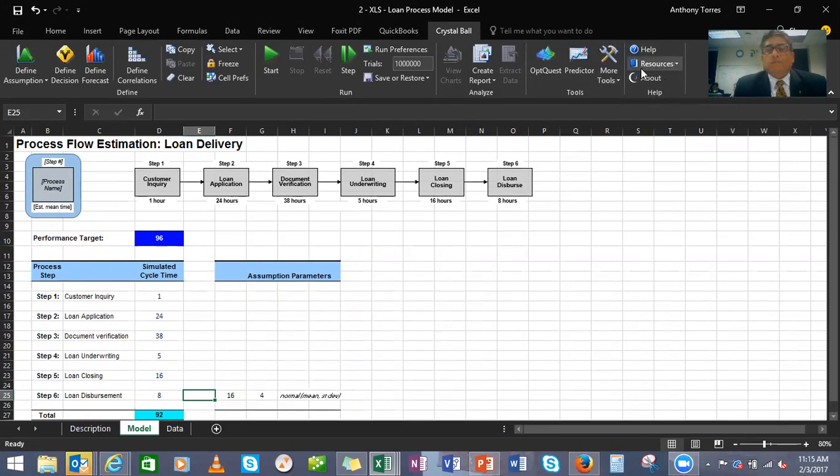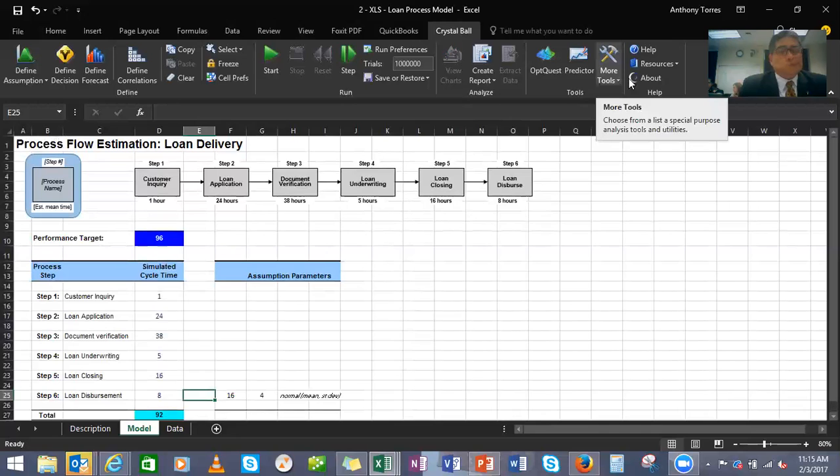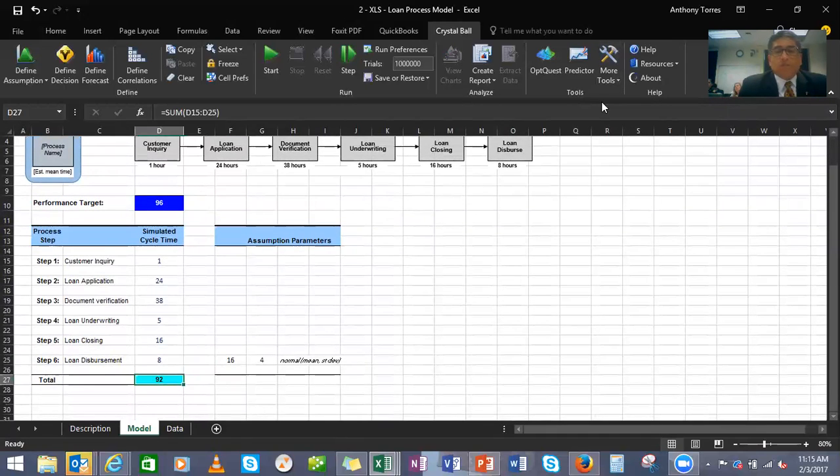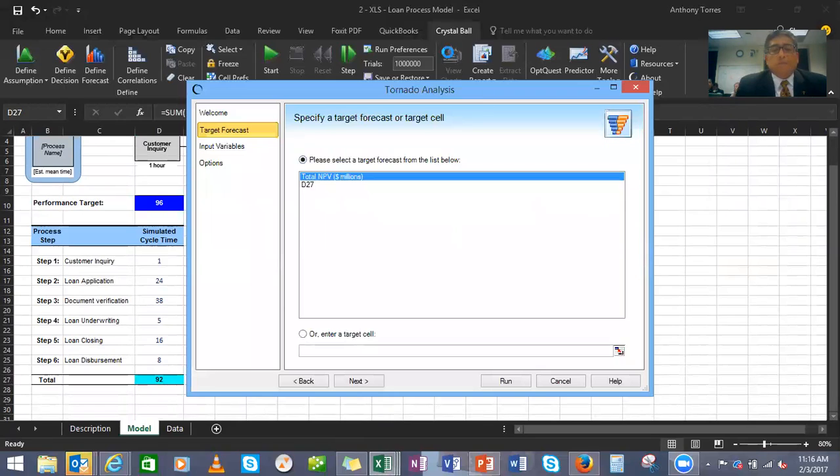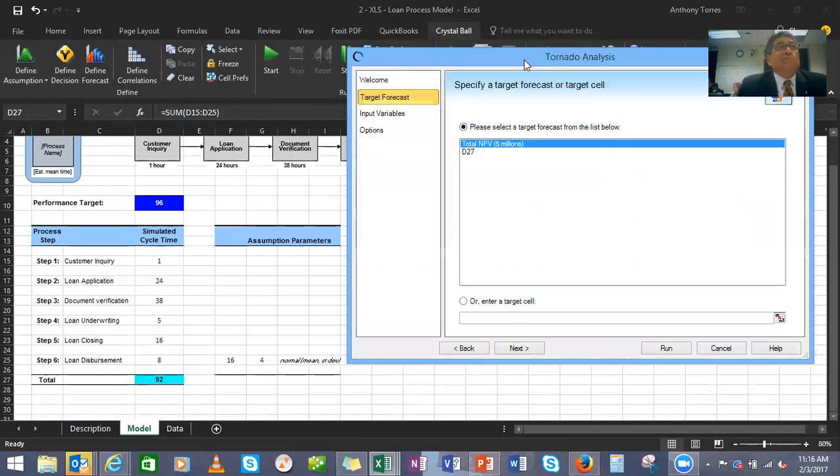Oh, sorry, let me close this up. And so you're running a tornado chart on the total, right? Exactly. So I'll say tools, more tools, tornado analysis. And again, I'm going to say this every time. The help screens really are helpful. So if you get lost, I promise, they're really helpful. I would never read a help screen on a Microsoft product.